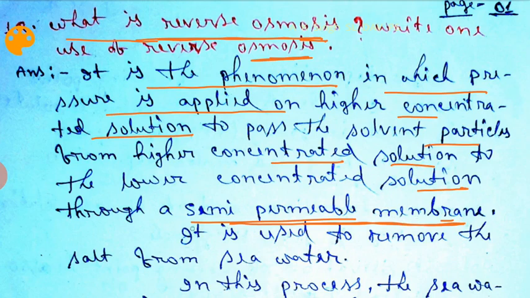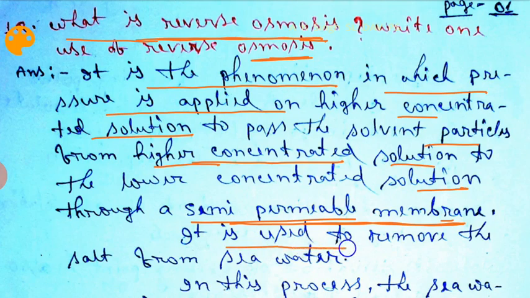But if pressure is applied on higher concentrated solution, then the solvent particles start to move from higher concentrated solution to lower concentrated solution. It is just opposite of osmosis.